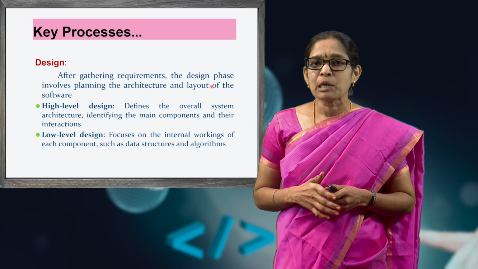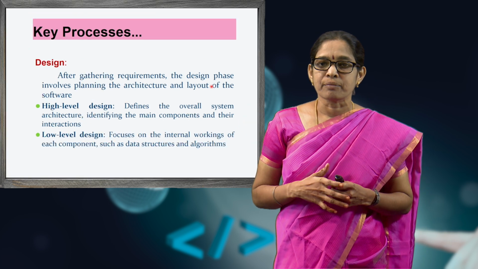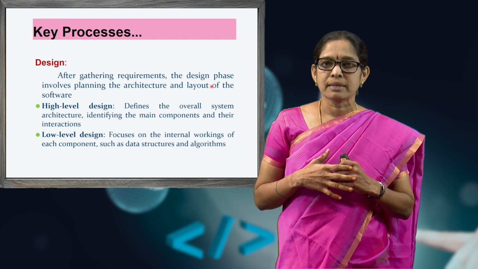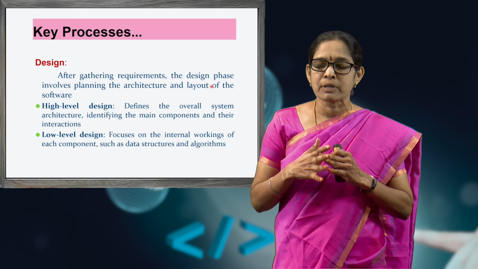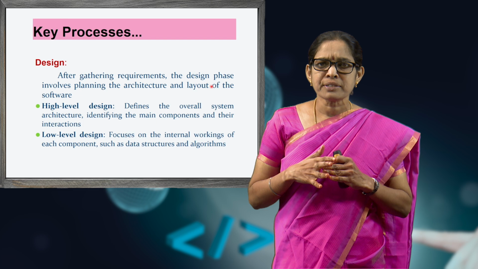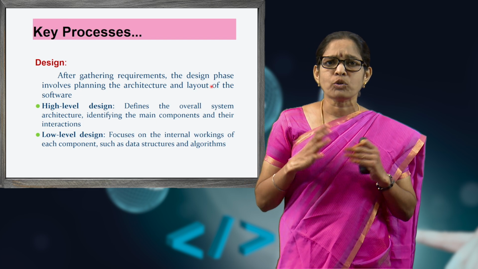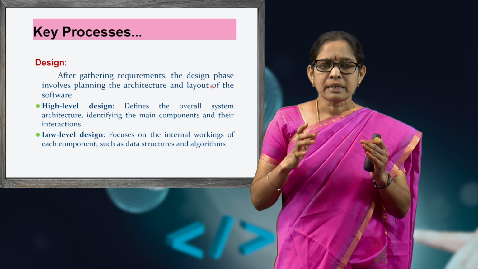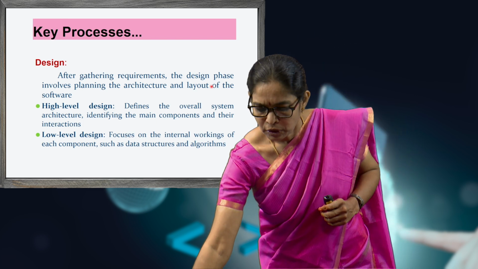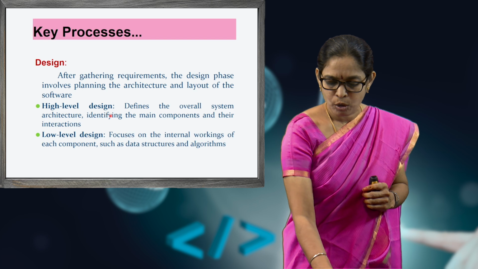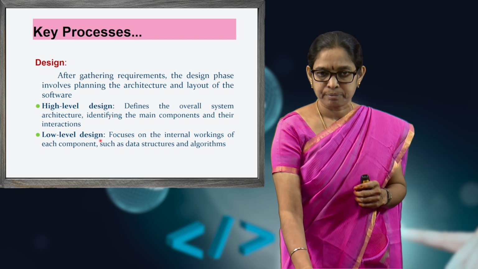Then the next key process is design. After collecting the requirements, the design phase will be involved. In this phase, it involves planning the architecture and layout of the software. Here it includes two types of design: high level and low level design.